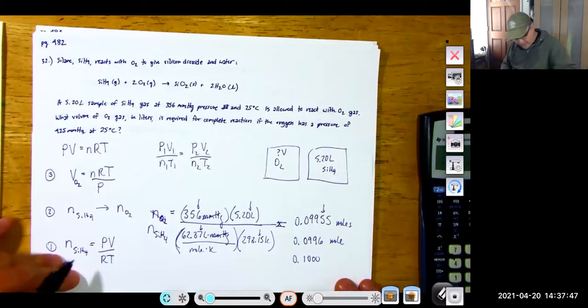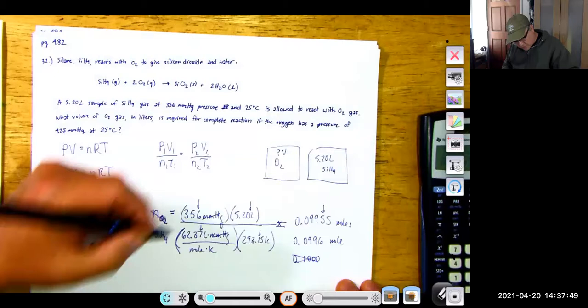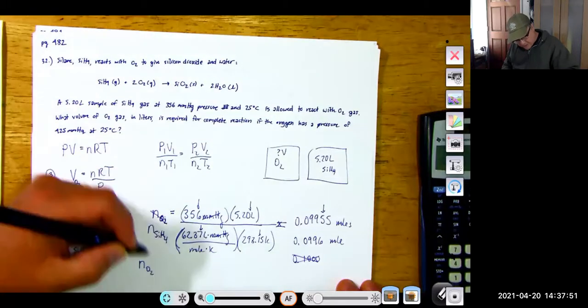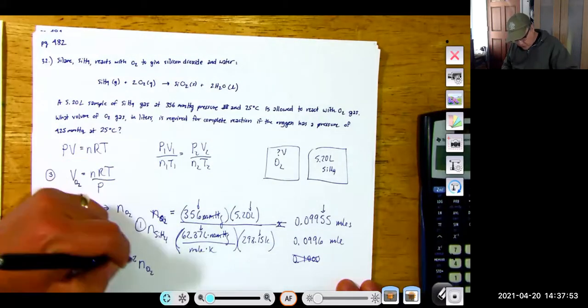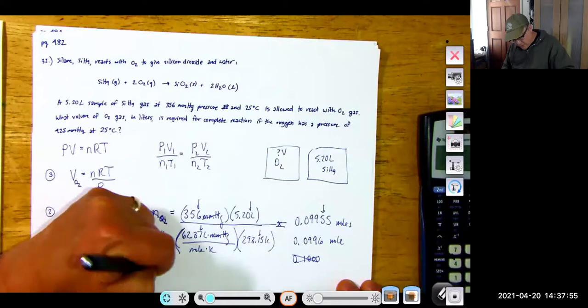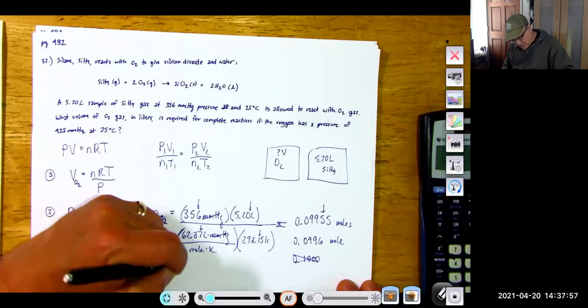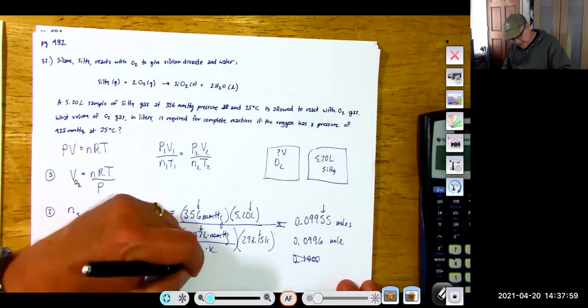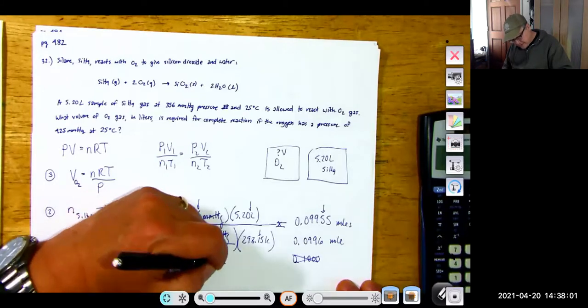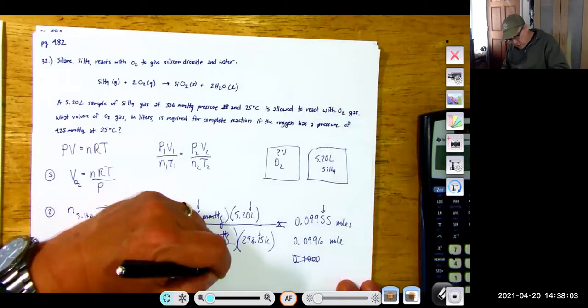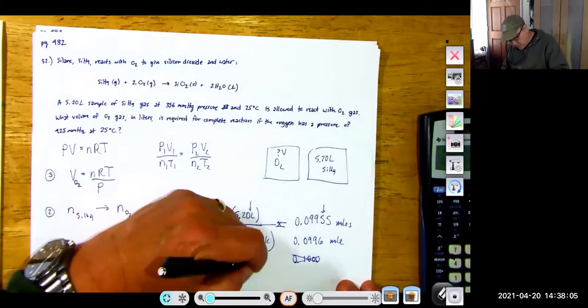Now, to get the moles of O2, so that's number 1. To get the moles of O2, we're going to start with 0.09955 moles of silane and multiply by 2 moles of O2 to 1 mole of silane.